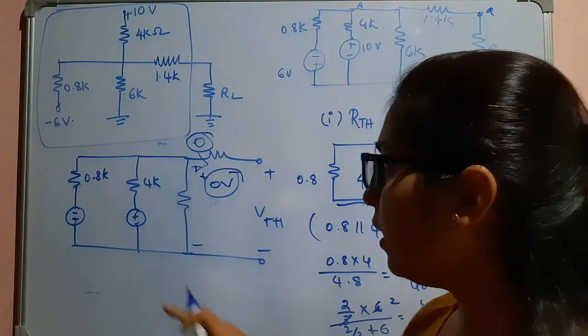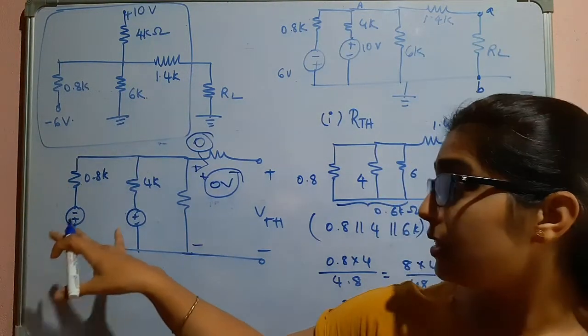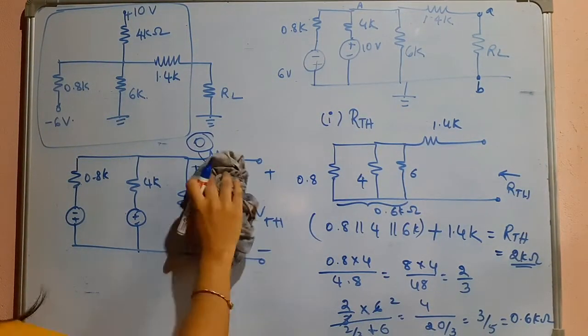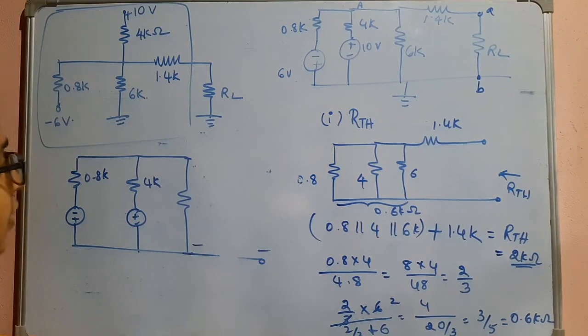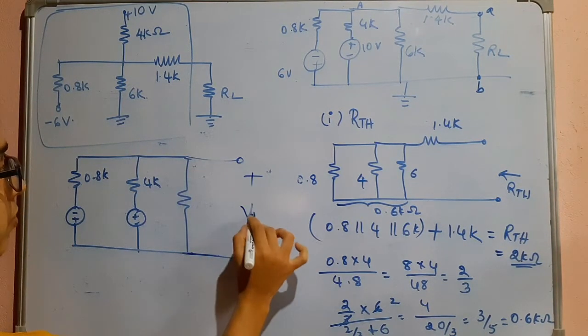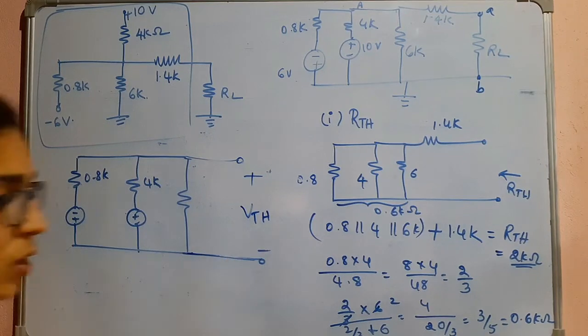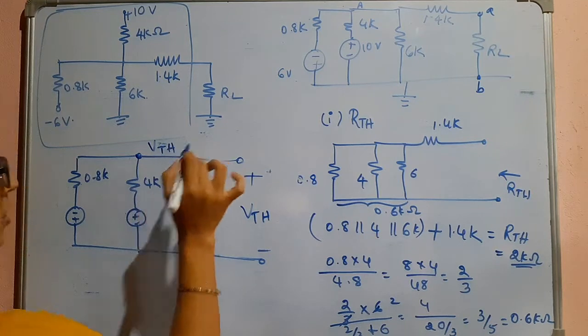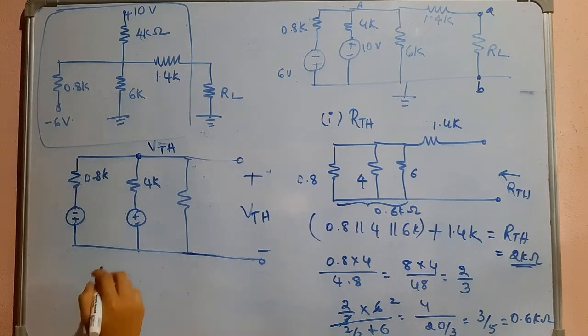So see here, I will consider this particular point. I will write it like this. So this is my VTH. So how can we solve this? Either we can use nodal analysis. So let us use nodal analysis.